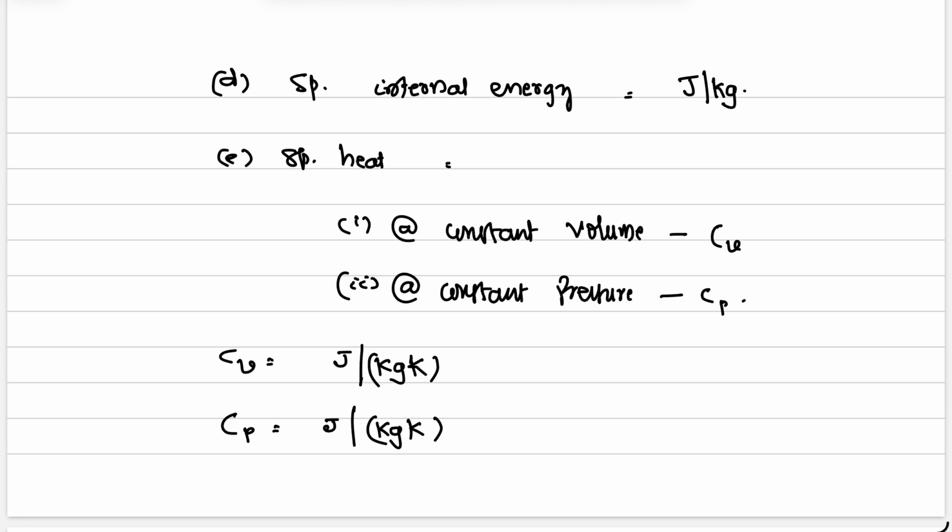These are measured at constant pressure and constant volume, Cp and Cv. These are the different possible thermal properties we come across while dealing with thermodynamics.